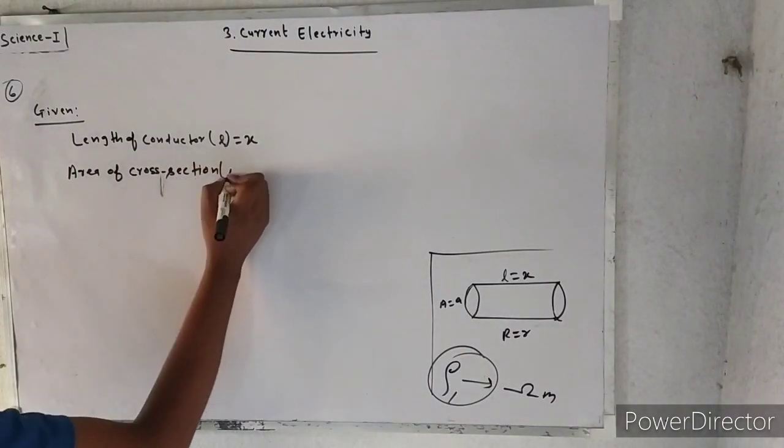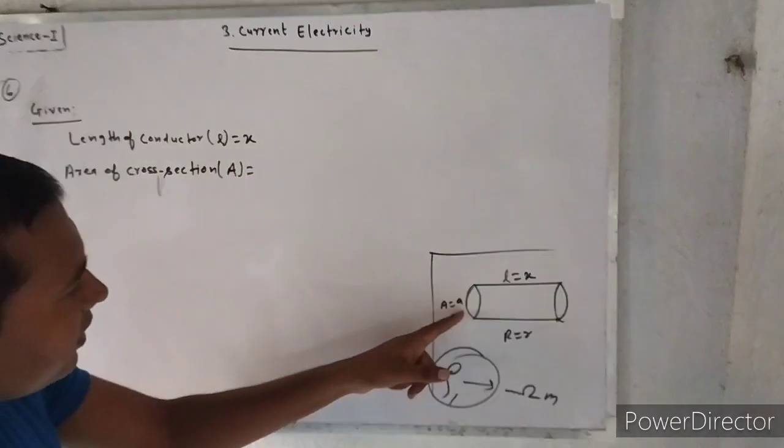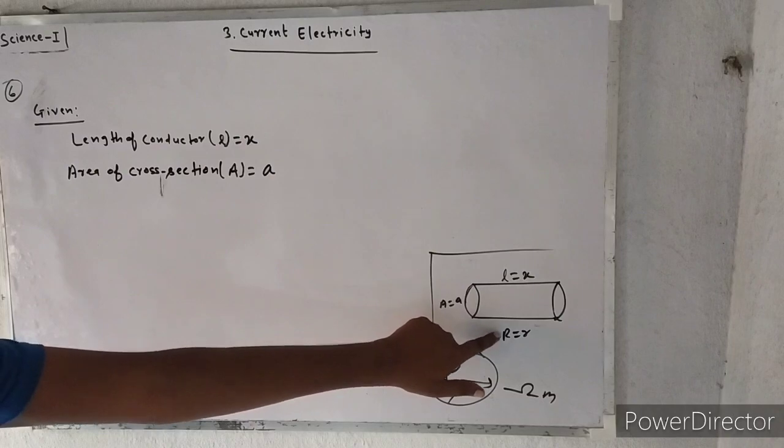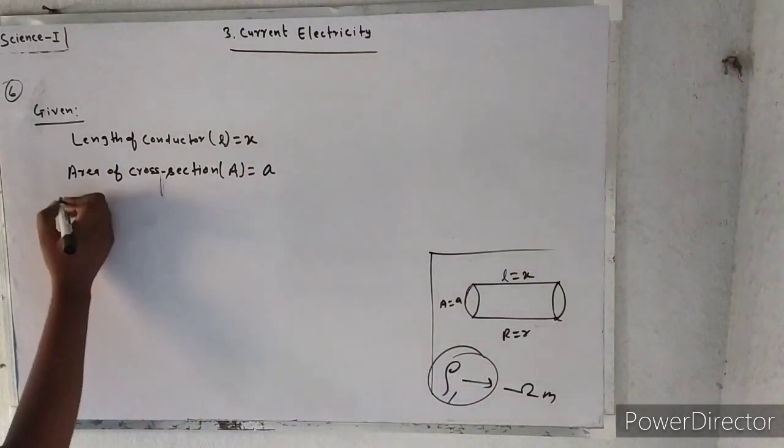Area of cross section A is equal to small a. Resistance of the conductor R is equal to small r.